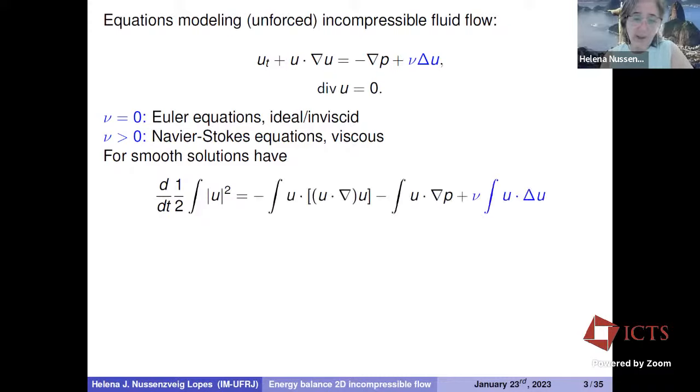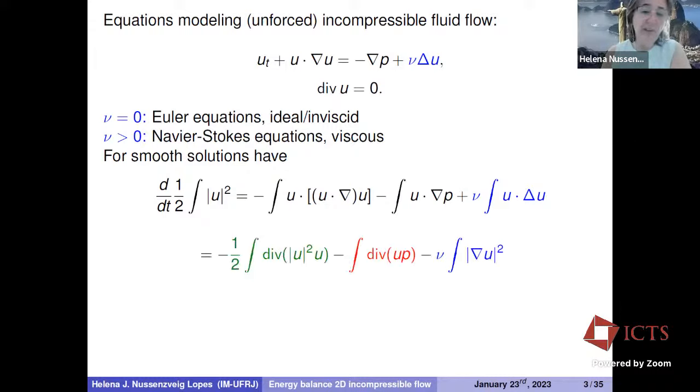This is equal to minus the integral of U times U dot grad U minus the integral of U times gradient of pressure plus nu times U Laplacian U, just by multiplying our equations by U. We're taking the inner product with U. And using the divergence-free condition, you can rewrite this as a sum of divergence terms, exact derivatives, minus nu times the integral of the gradient of U squared, which is simply minus nu times the gradient of U squared if you don't have any boundaries. In all cases, if U satisfies either no slip or just the non-penetration condition.